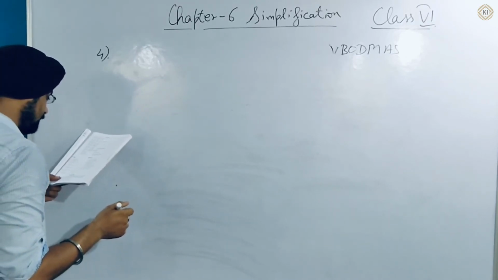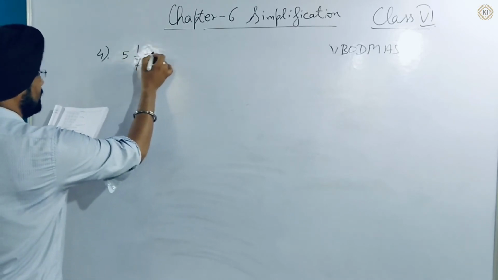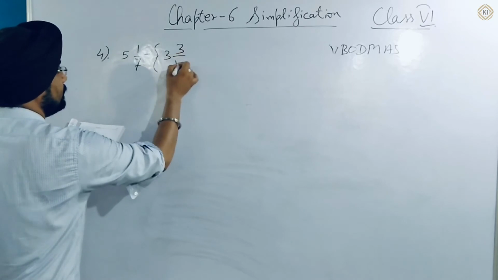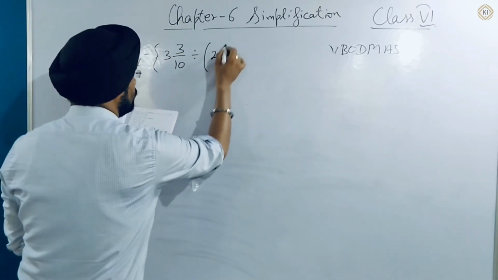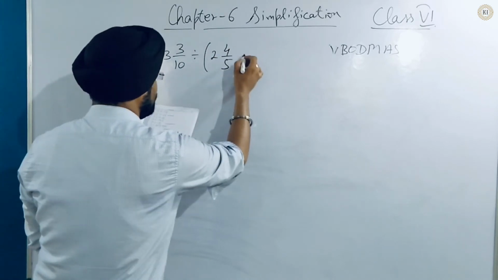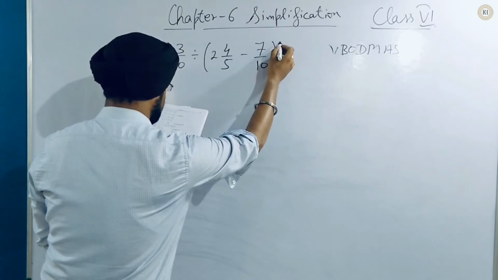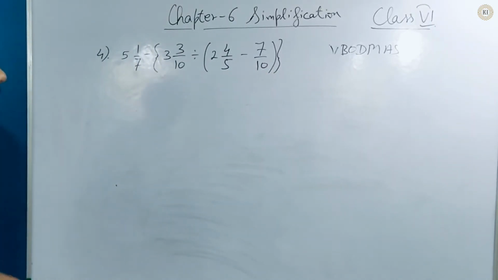The next question is given as 5 whole 1 by 7 minus 3 whole 3 by 10, divide 2 whole 4 by 5 minus 7 by 10. Now in this question you will see that there are brackets given, Vinculum is not given, so we will come to the bracket.